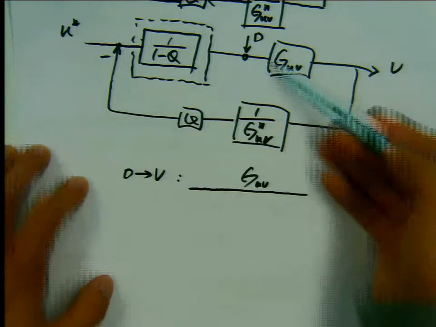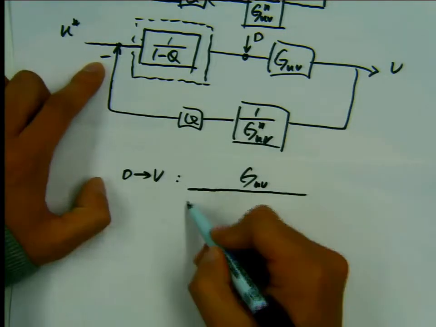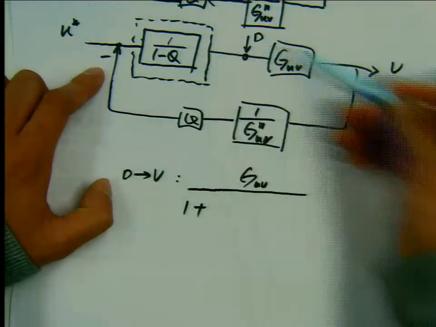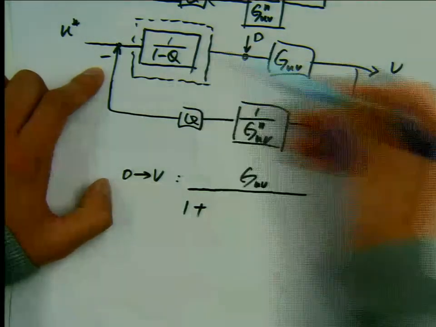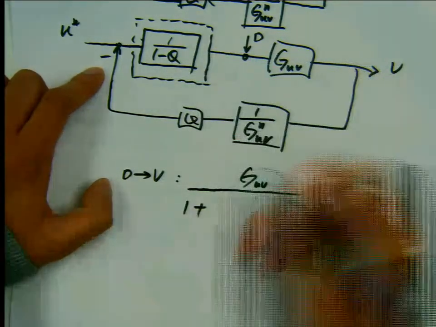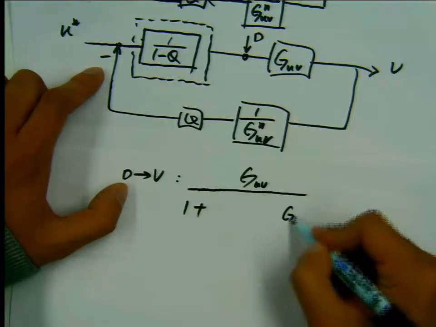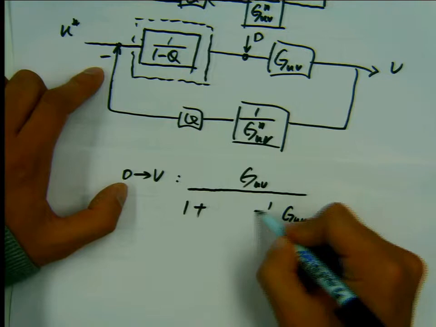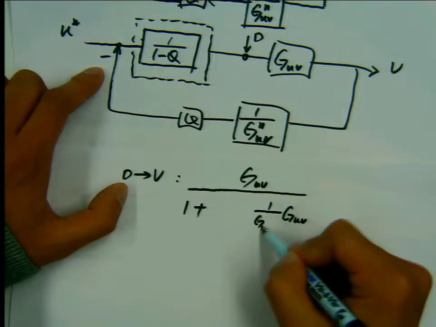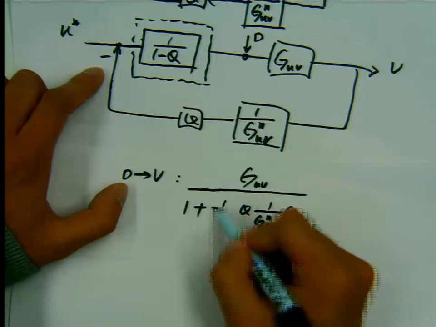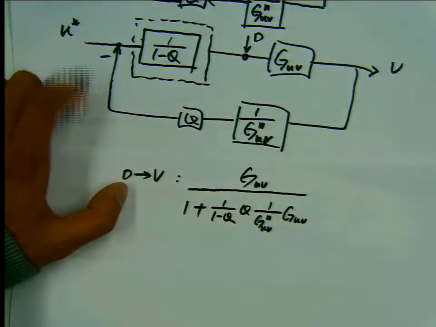It's a negative feedback system, so it should be 1 plus something, and that something is the open loop gain of the system. So starting from G_uv, 1 divided by G_uvn, Q, 1 divided by 1 minus Q.